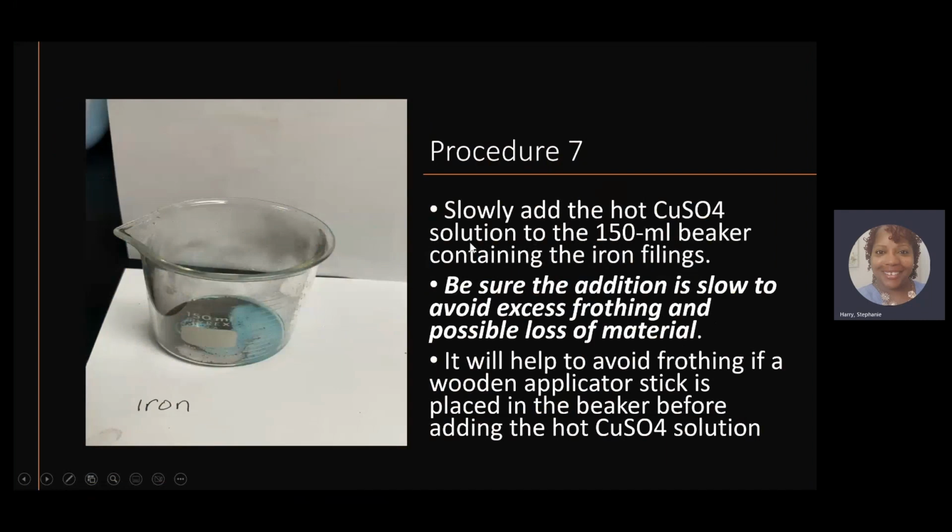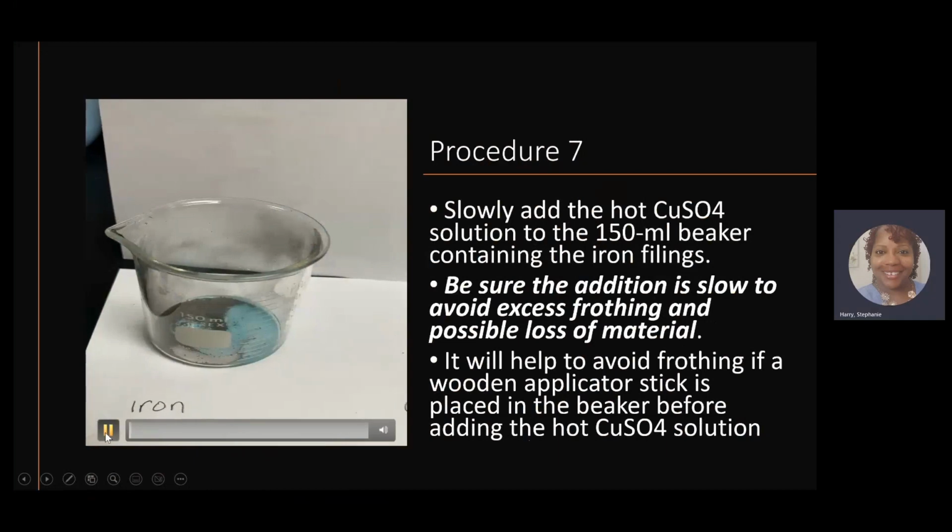Procedure 7 says slowly add the hot copper 2 sulfate solution to the 150 milliliter beaker containing the iron filings. Be sure the addition is slow to avoid excess frothing and possible loss of material. It will help to avoid frothing if a wooden applicator stick is placed in the beaker before adding the hot copper 2 sulfate solution.